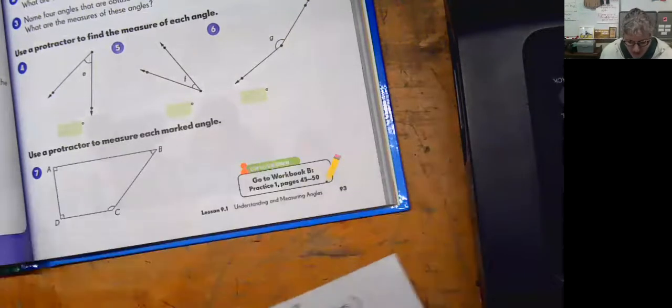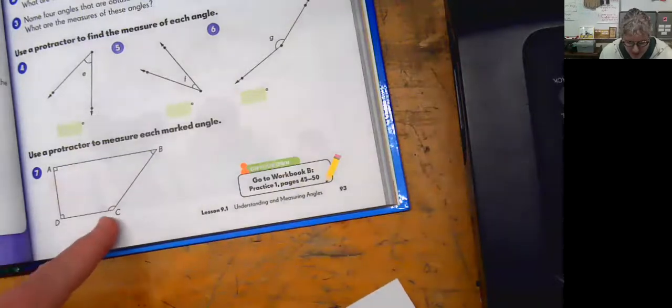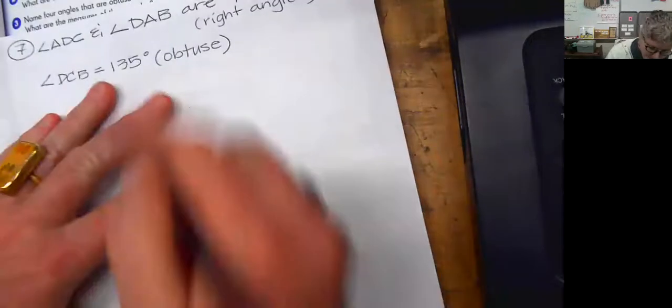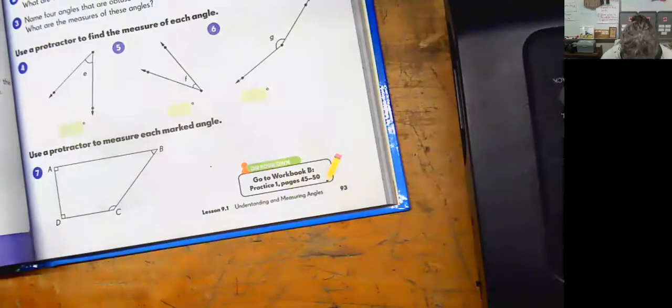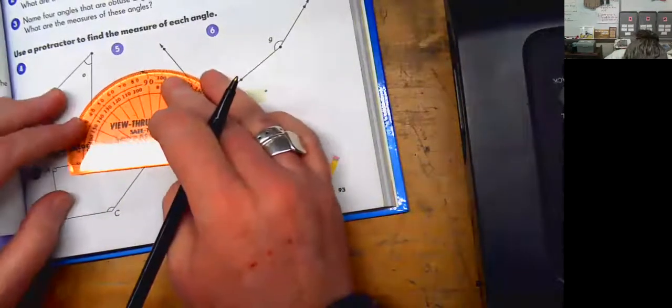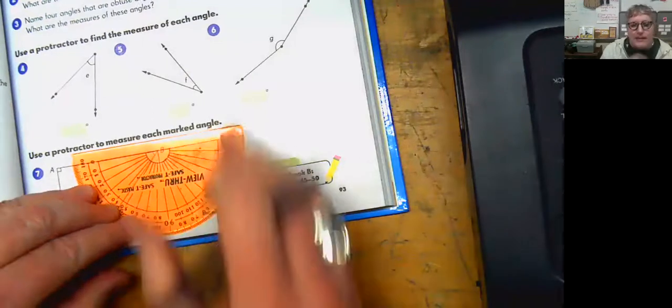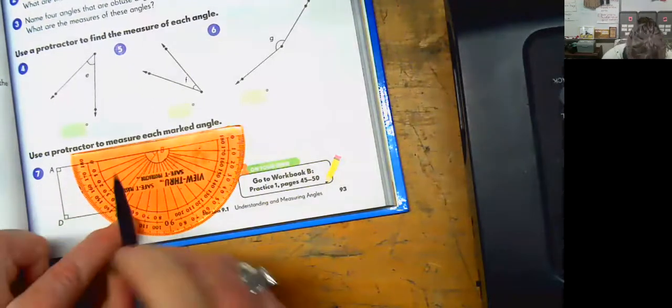All right, now we're going to do our last one. We're going to call it CBA. You could also call it ABC. Let's call it ABC. And we're going to measure ABC. We're going to put it on B. And I'm making sure that it matches up. You can see that I'm where it needs to be.